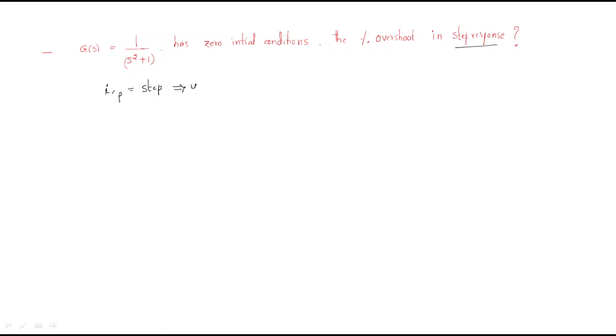That means the input is u(t), and we are applying it to the transfer function 1 by s square plus 1.